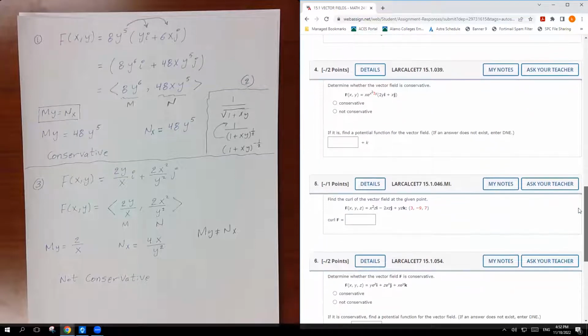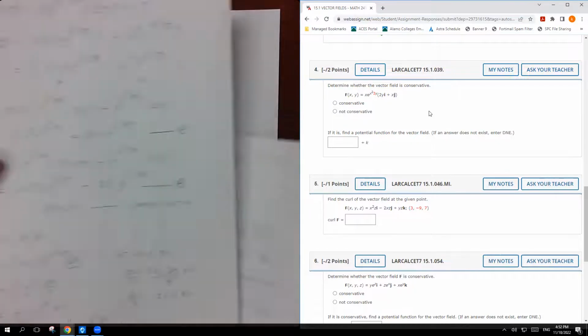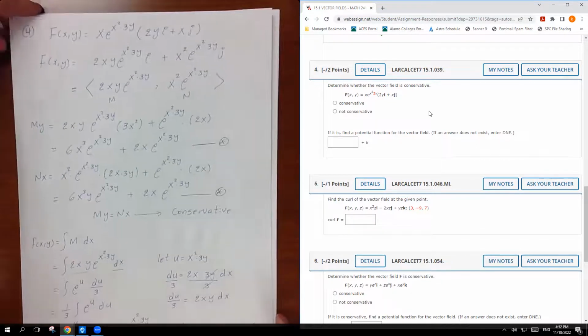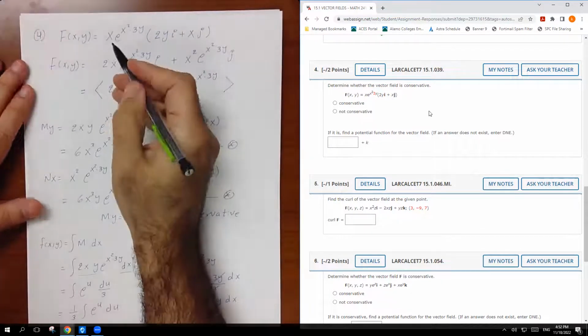Number 4, the same thing. We have to check if it's conservative or not. And then if it's yes, we have to find the potential function. So let's check number 4. So here is our function. And the first thing we're going to do, we're going to do the same thing.